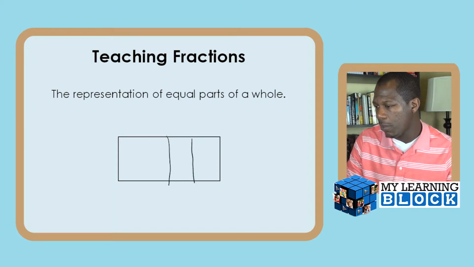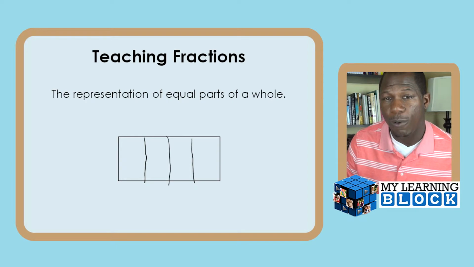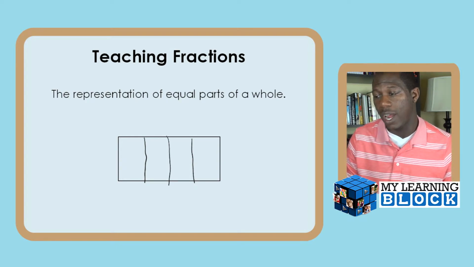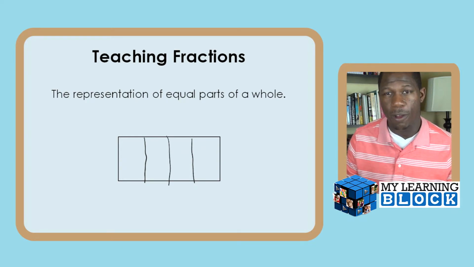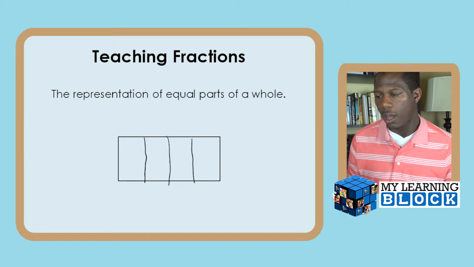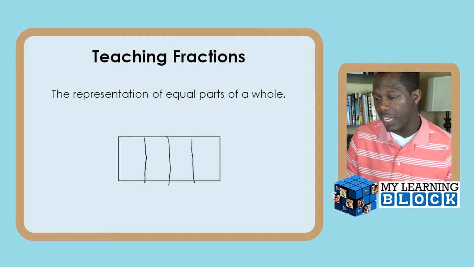We have one down the middle and here, and I know mine aren't great, but you get the gist. We have 4 equal parts. So right now this fraction would be a fourth, right? The rectangle is cut into fourths. And so that's something your child could know.